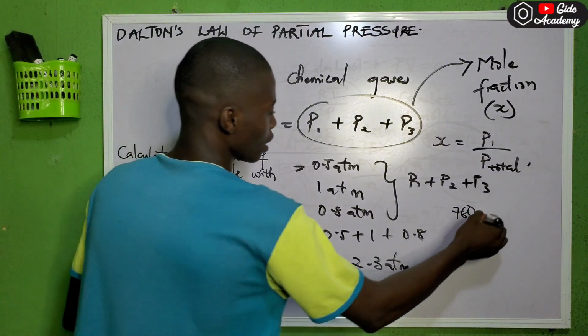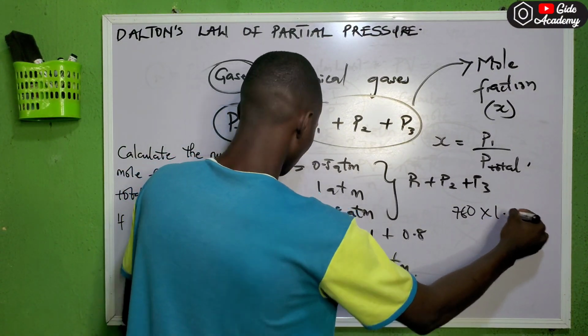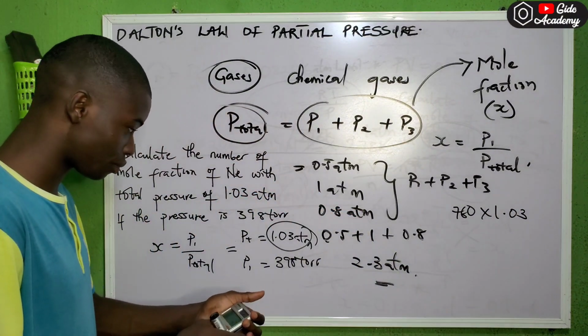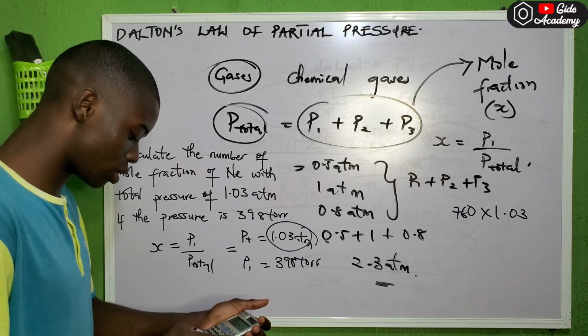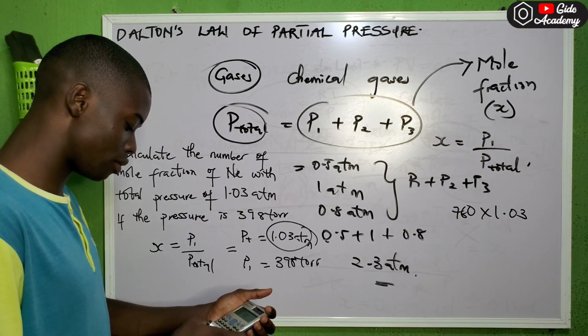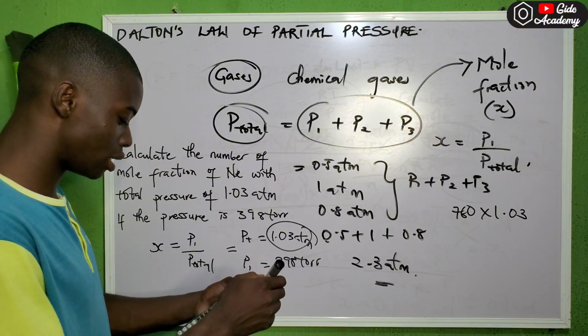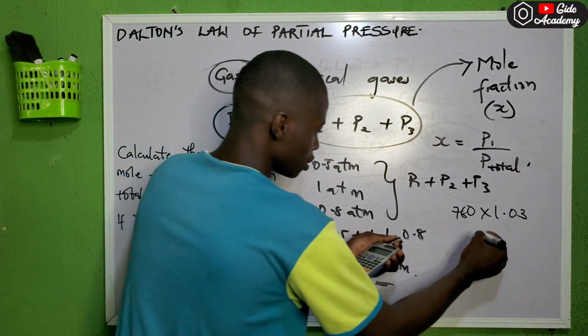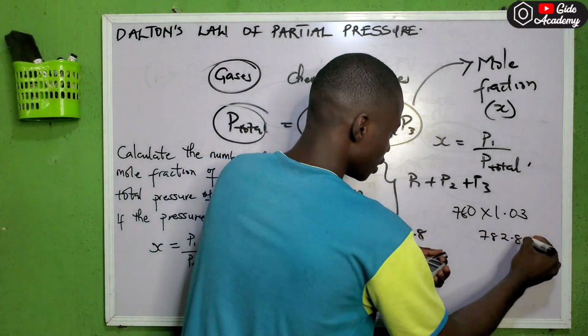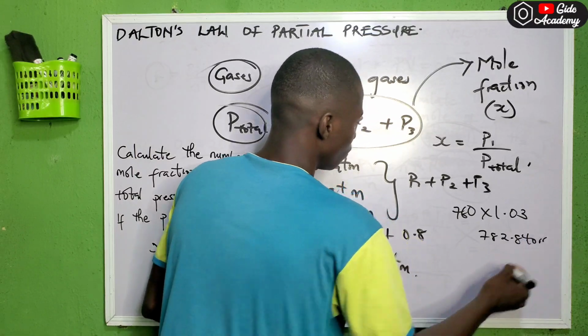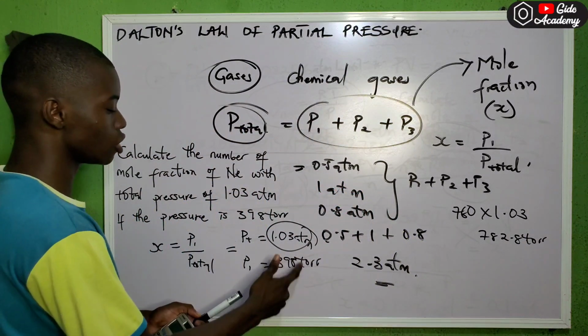So 1.03 times 760. My answer is 782.8 torr. Now both of them are in torr.